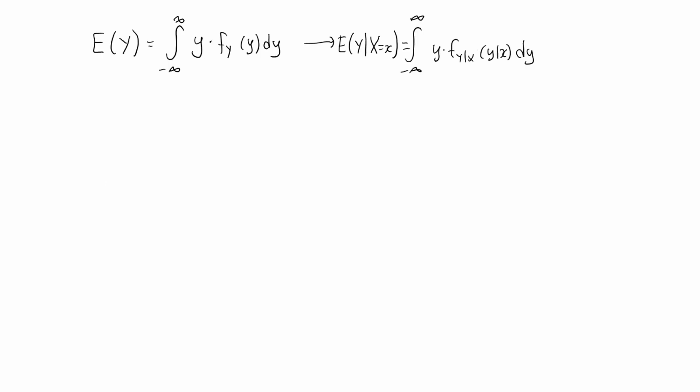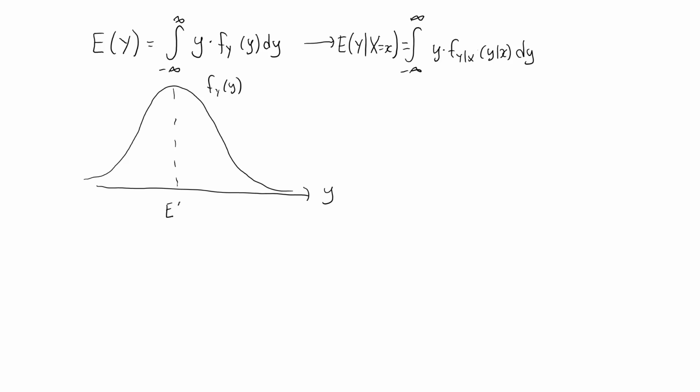So what's happening is basically something like this. Here is my y-axis. Maybe this is my PDF unconditionally. I don't know anything about X. This will then be my unconditional expected value of Y. Suppose, for example, that X and Y are positively correlated, and we know that X happens to take an untypically large value compared to its expected value.